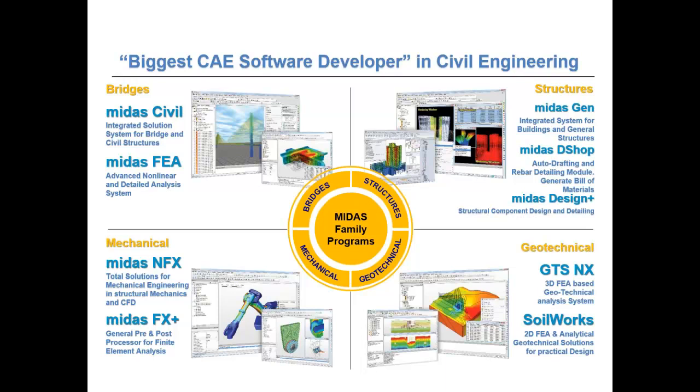Civil is an integrated solution system for bridges and civil structures. You can easily analyze and design simple as well as complex bridges in a very short period of time and accurately in MIDAS Civil. Then in MIDAS FEA, you can perform advanced non-linear and detailed analysis.